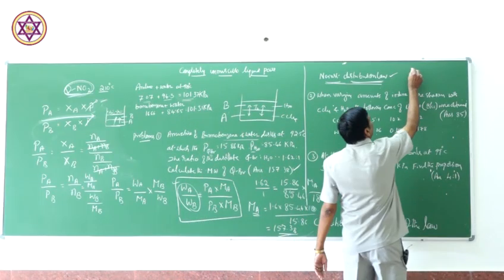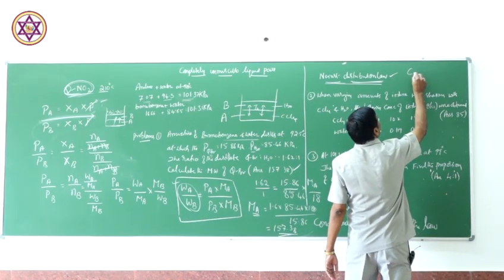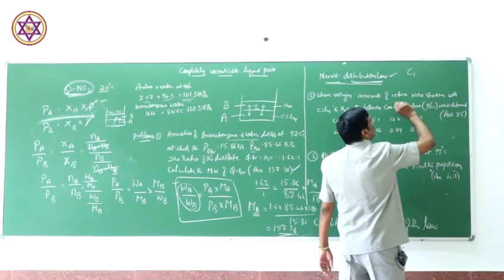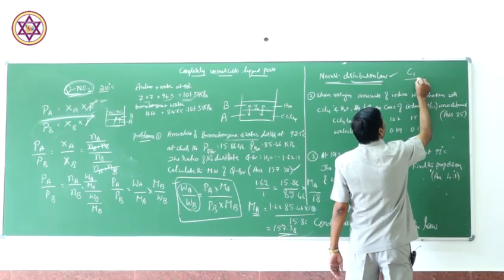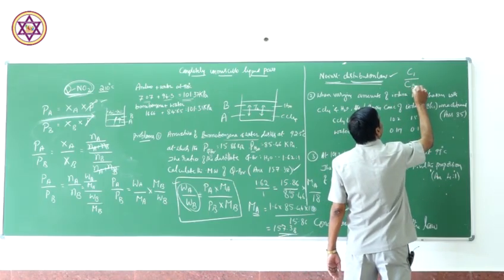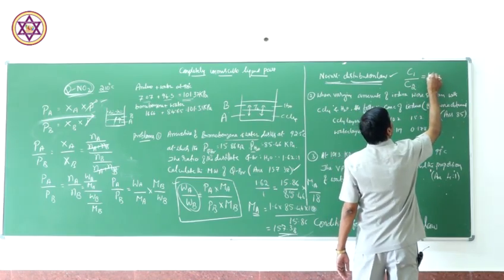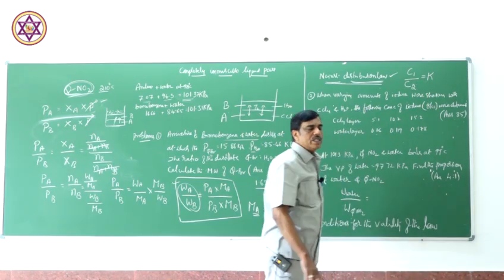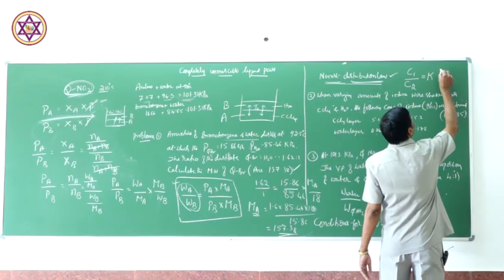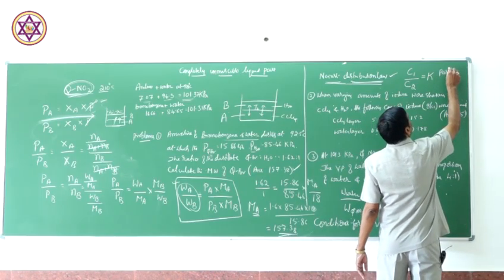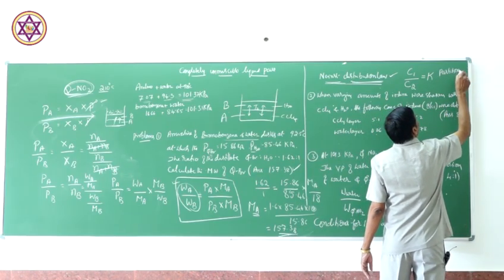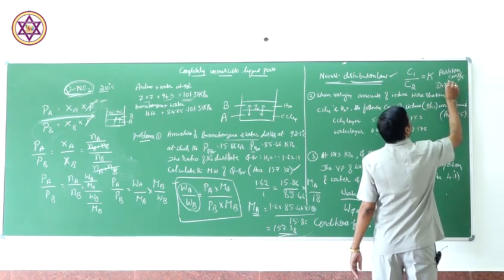Then the concentration of that solute in the first liquid divided by the concentration of the solute in the second liquid is always a constant. This constant is called the partition coefficient or distribution coefficient.